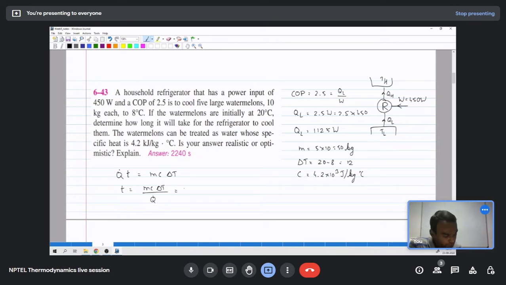So this is M is 50 into C is 4.2 into 10 power 3 into delta T is 12 divided by the Q dot, which is 1125. So the answer is 2240 seconds.